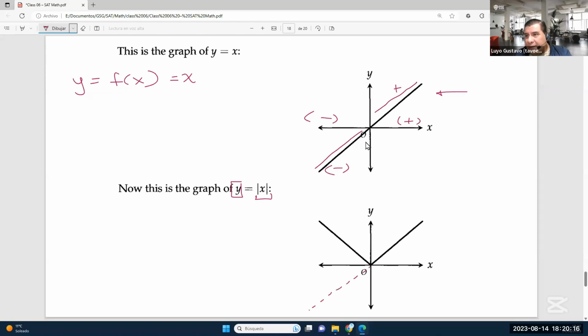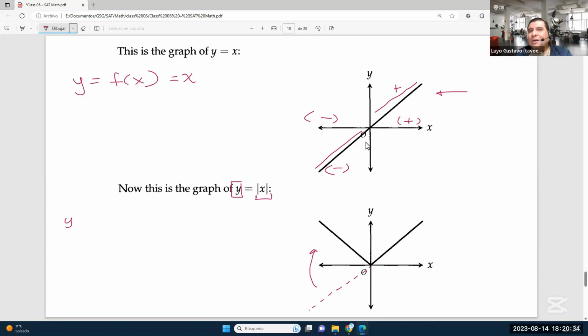Imagine that you reflect this in this direction, because the values of y must always be positive. So if you make these negative values positive, it has this shape, like a V shape.